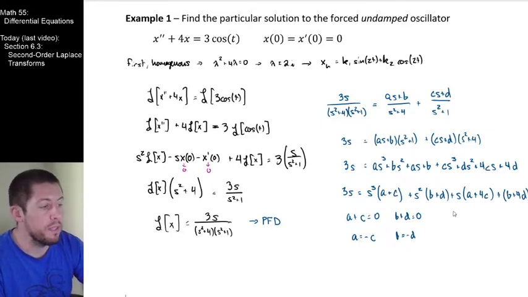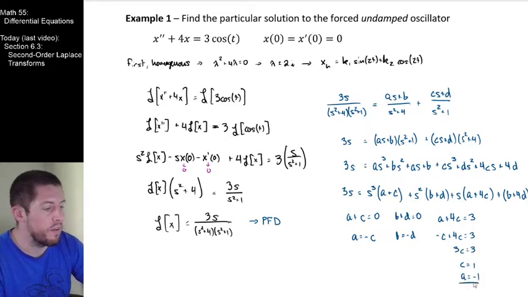I have that a plus 4c is actually going to be equal to 3, because that's how much s stuff we have on the other side. And notice we can actually now solve this equation. I know that a is the same as negative c, so I think I can say negative c plus 4c equals 3. It seems like 3c equals 3, and c equals 1, and so a equals negative 1, so I've got those two right there.